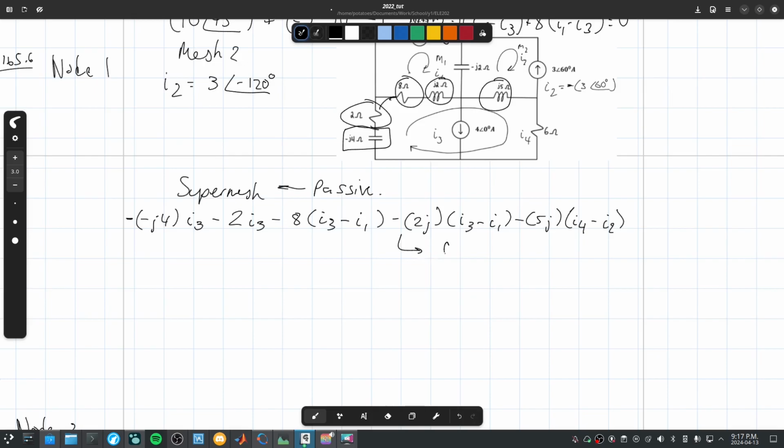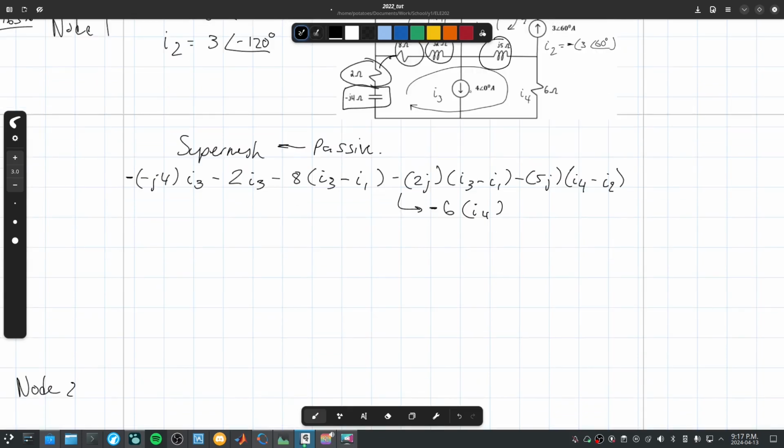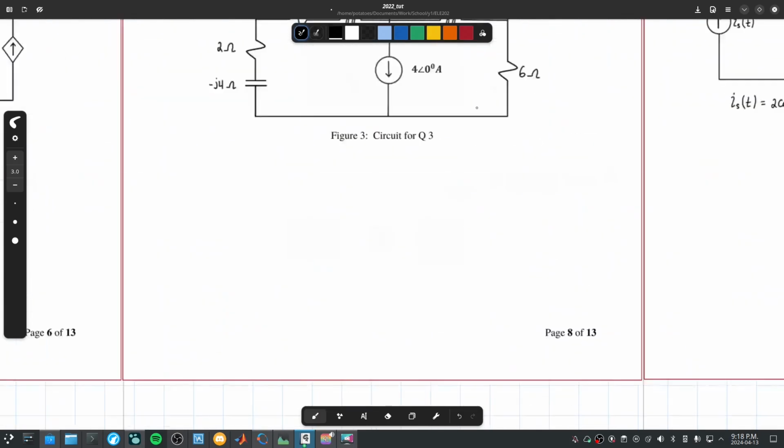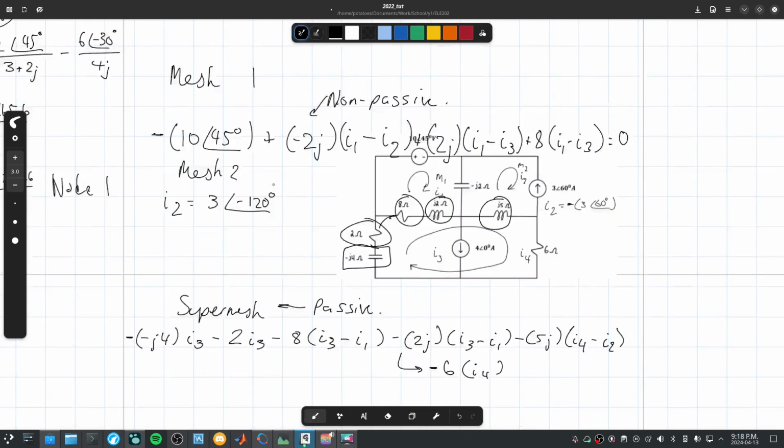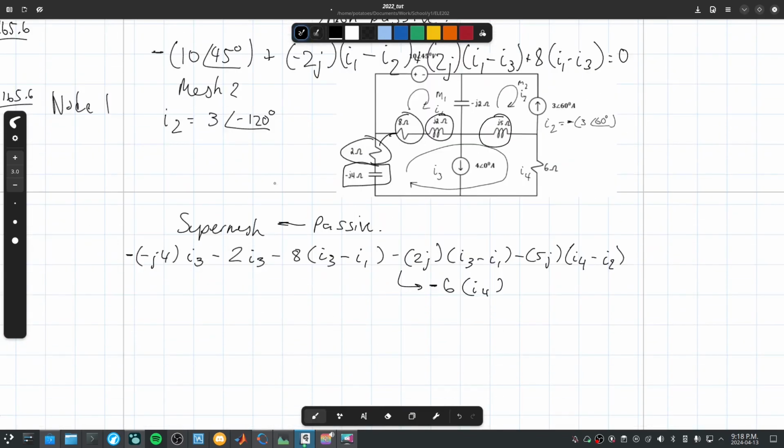So minus 6 ohms, and this one shares it just by itself. So this is just I4. So if I go here, write all the mesh equations. There you go, 10 marks down. You have done half of the question just by writing this equation. It's that easy. And now we simplify.